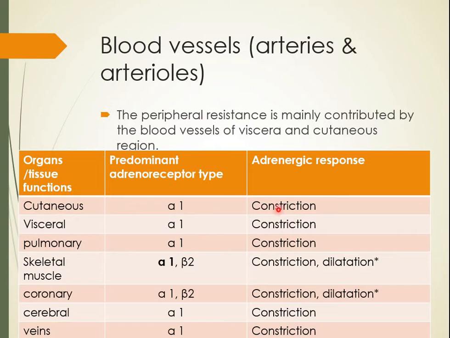So the pressure exerted by the blood on the wall of capillary is called blood pressure. Thus alpha 1 receptor stimulation will increase the force exerted by the blood on the wall of the capillary. Thus stimulation of alpha 1 receptor will lead to increase in blood pressure.